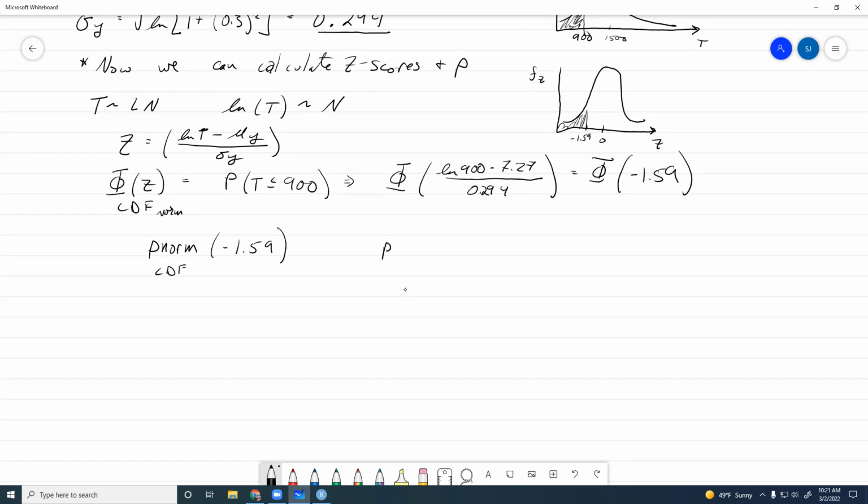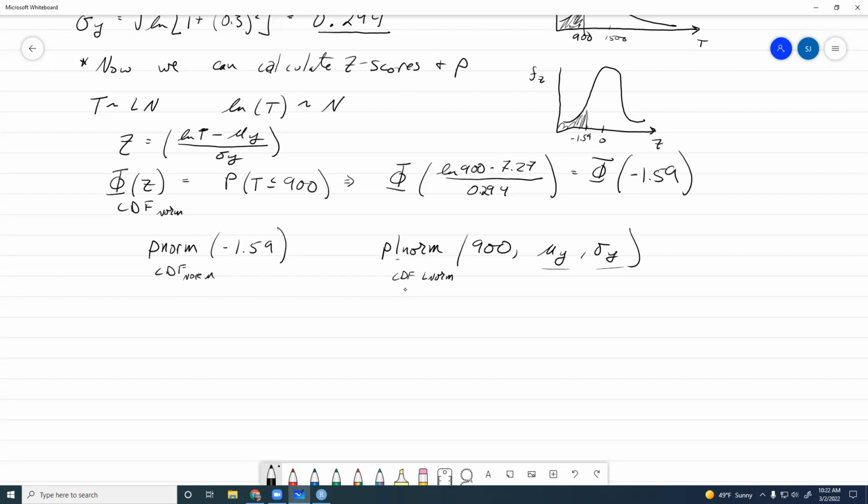Alternatively, we could do plnorm, so log-normal, and we could plug in 900, and then we need mu of y and sigma y. So we have to calculate those as well.